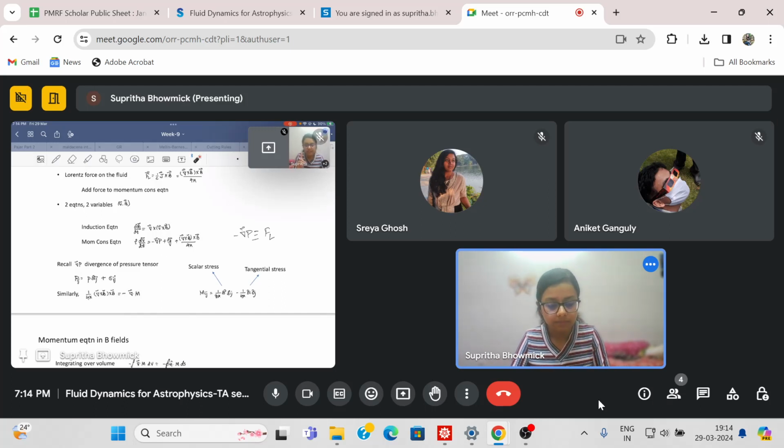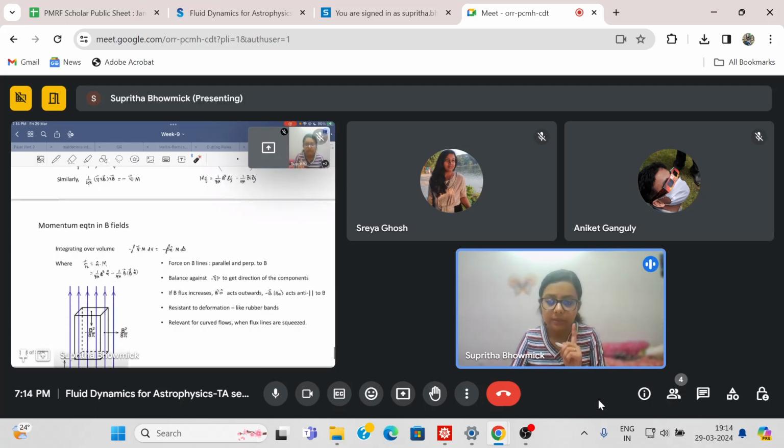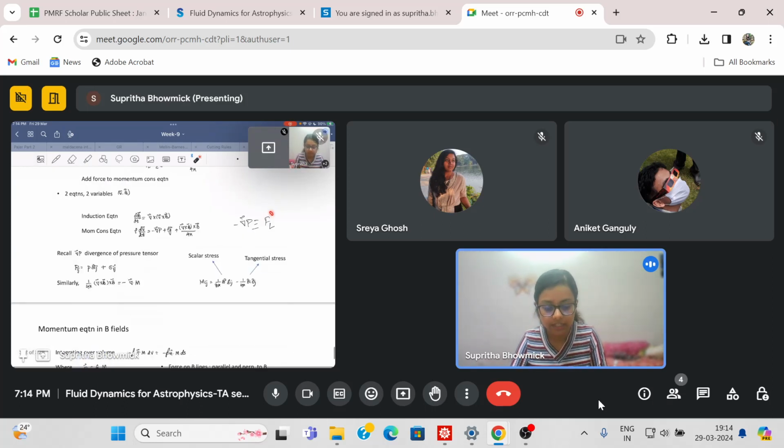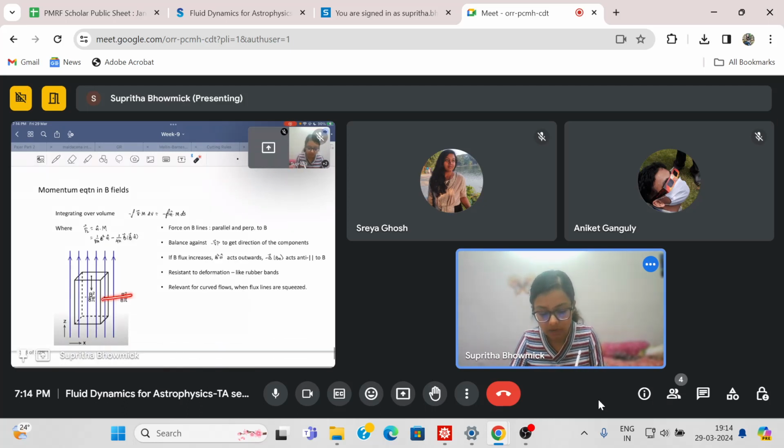So we see that an inward pressure acting along this direction would be balanced by what? This n cap. But this n cap comes with a positive sign because you've taken it to the right hand side, right? So this n cap will be outward. So this term is actually a force which pushes you outwards, balancing an inward pressure.